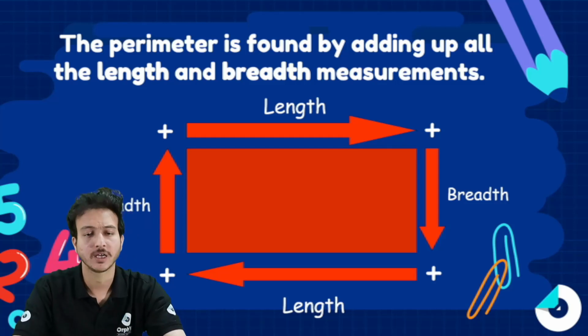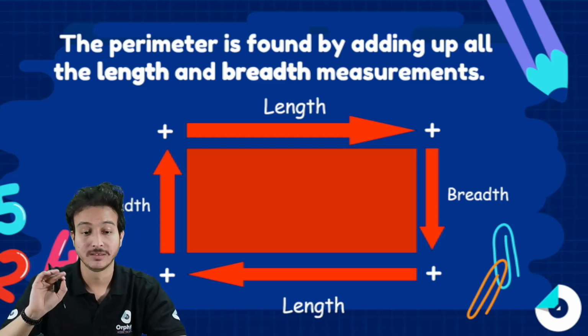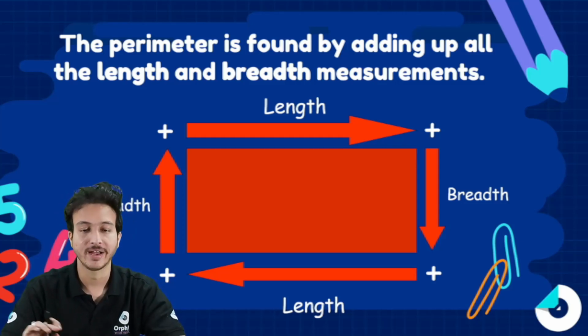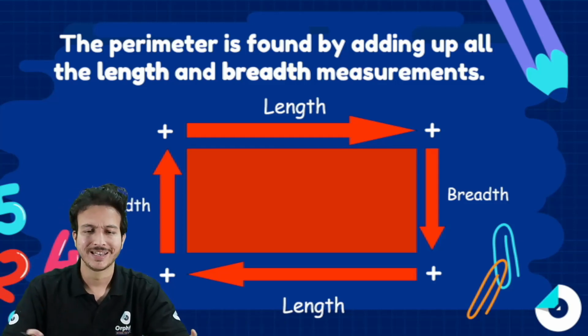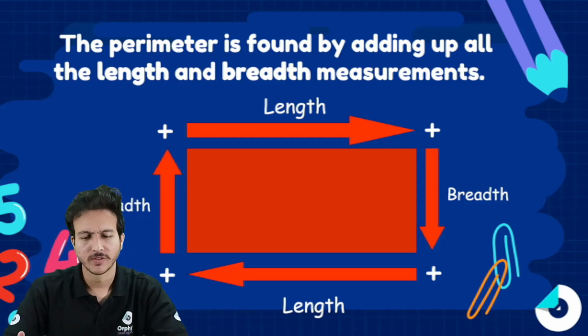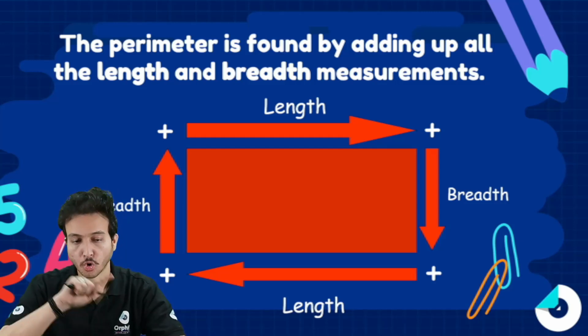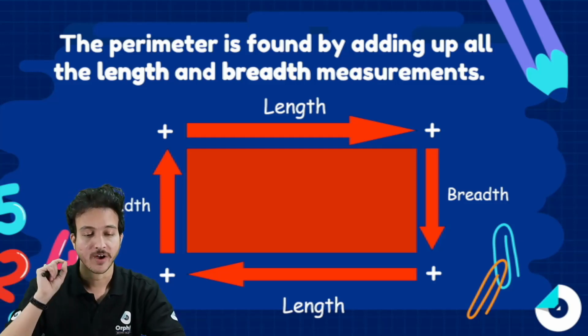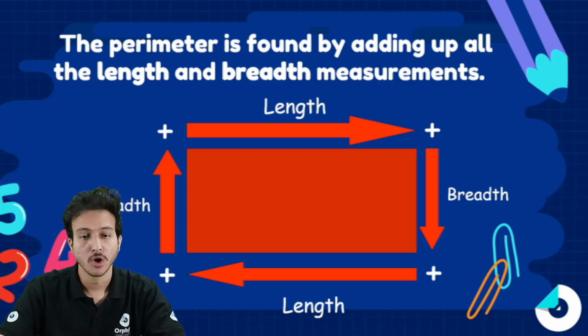So do not get confused whenever someone says perimeter or the length of the boundary, or sometimes it is given directly as boundary: find out the boundary of this shape. It is a general term used for perimeter, the length of the boundary, or boundary. You do the same: just go around any shape, find all the sides and add them, and you will get your answer.